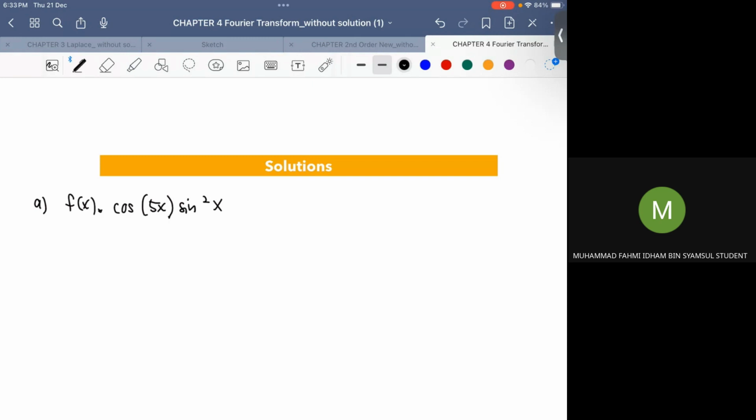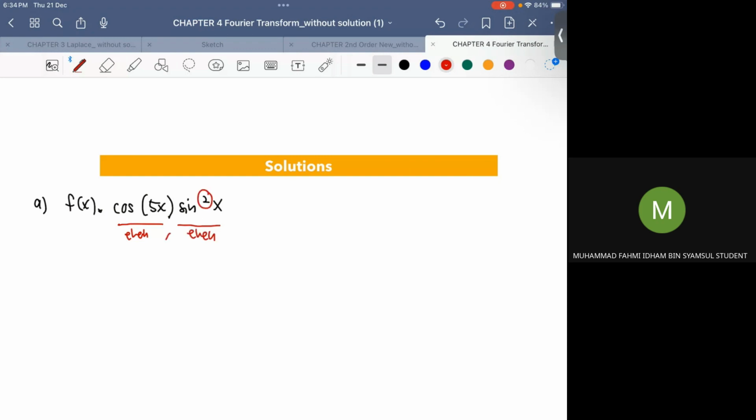So just remember that any cos function is even function. Cos function for all odd or even powers is always even function. And sine square, when the power is 2, is even function.